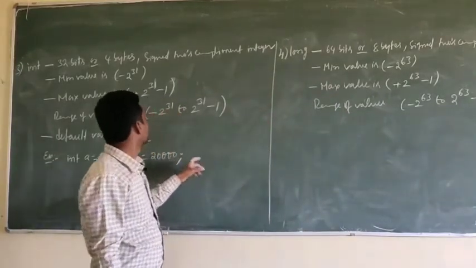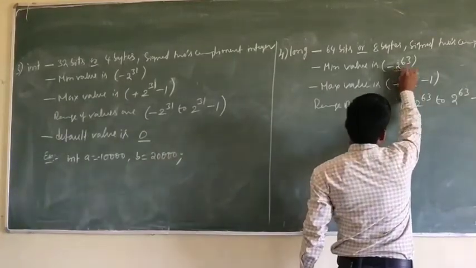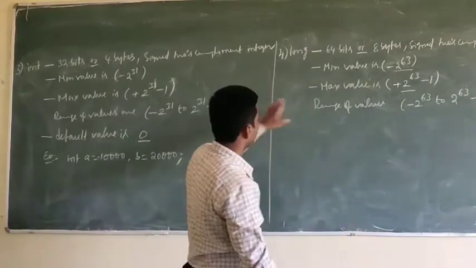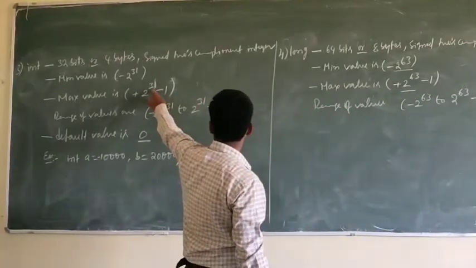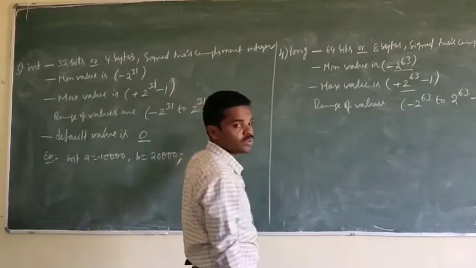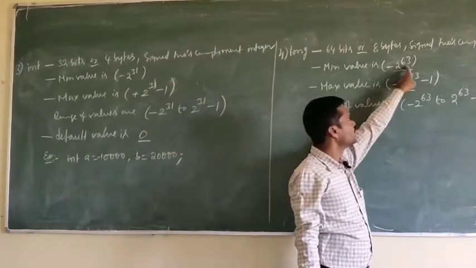So here we can see how to represent the exponent notation. See, the previous one is 31, correct? 31 into 2, so it is 2 times larger. 31 into 2 is 62, plus 1, we have to add 1, that is 63.